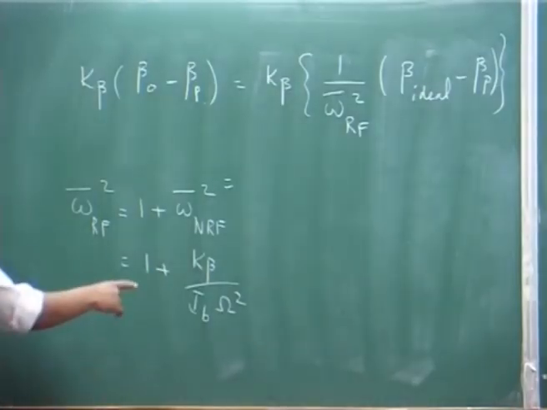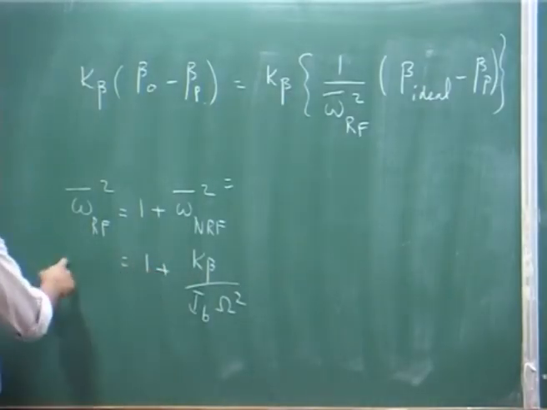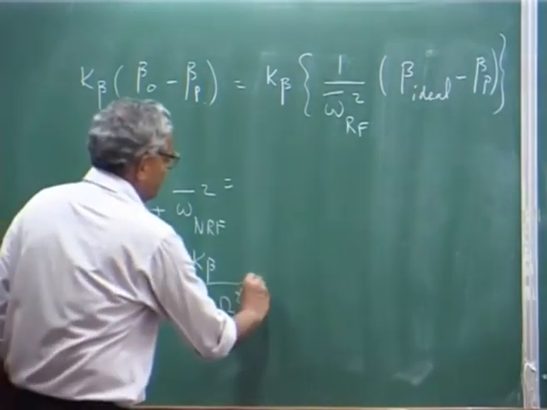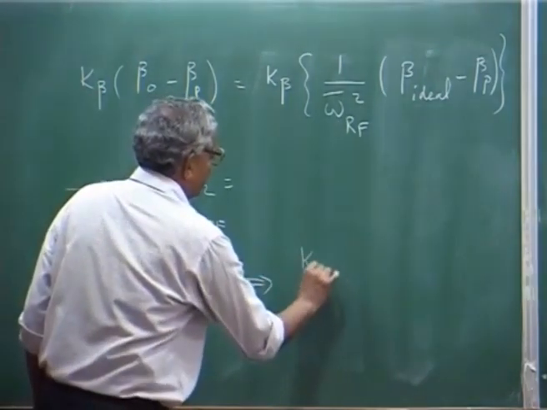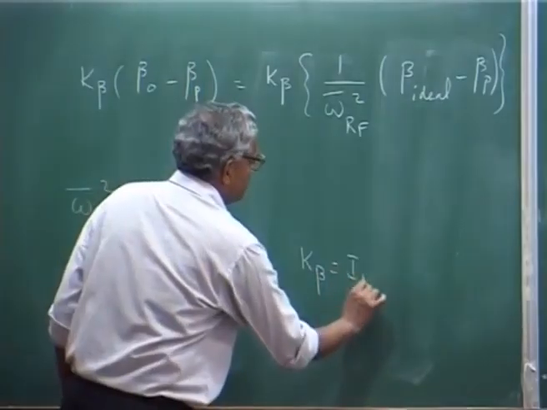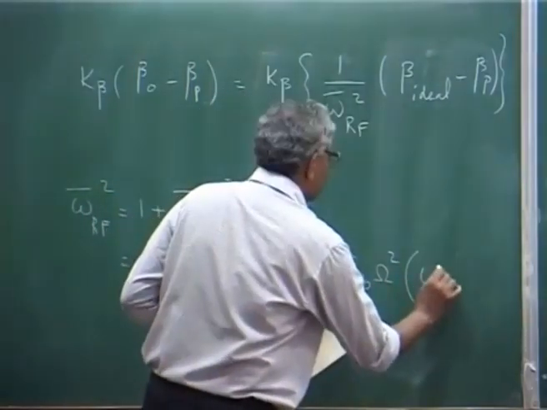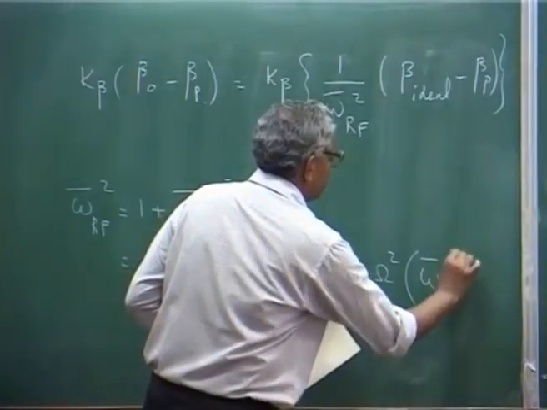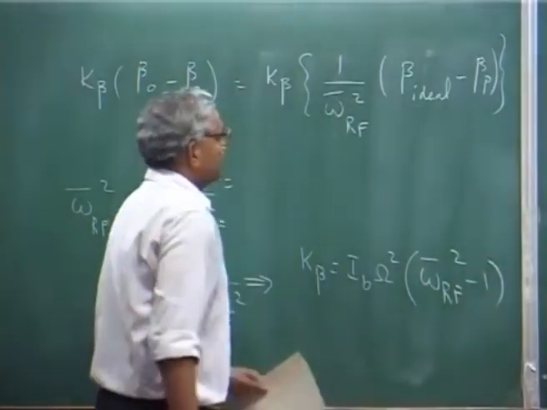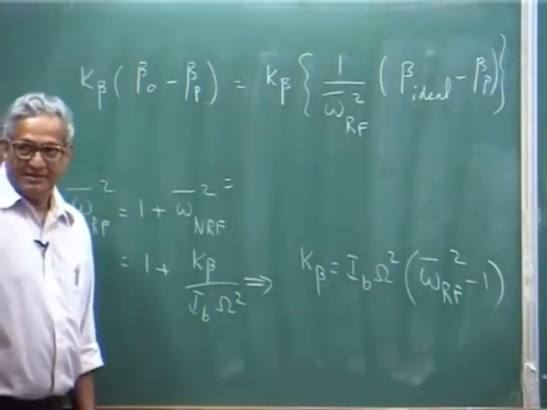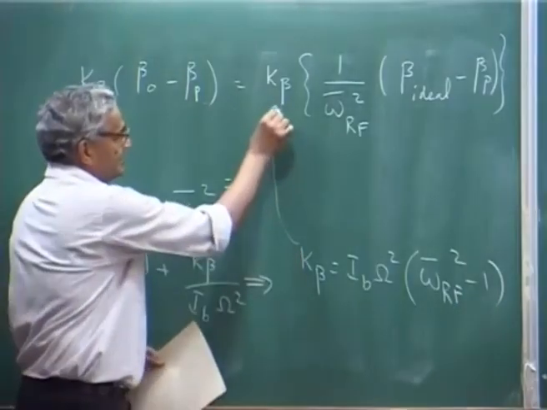So, what you are doing is you now subtract from here, this will be IB omega square into omega bar RF minus 1. Okay. So, you substitute this here.